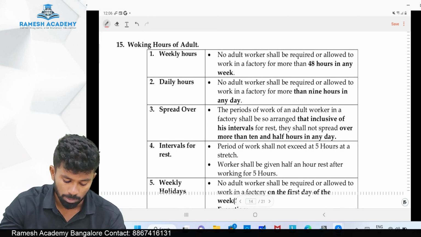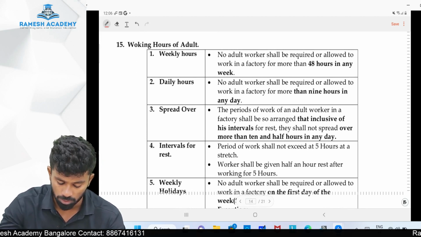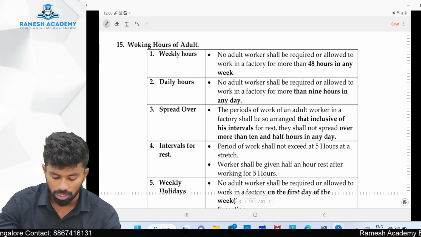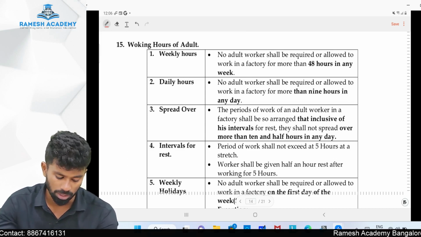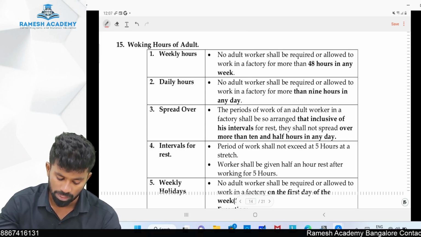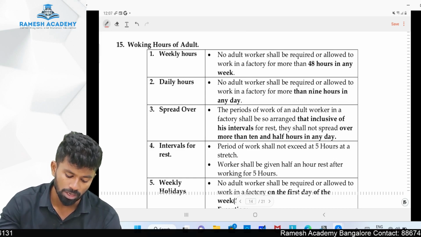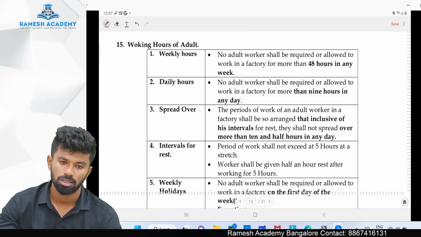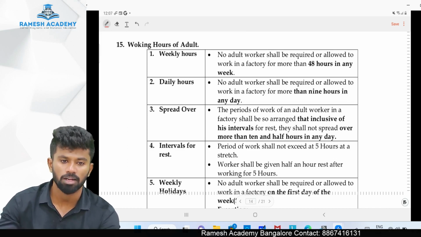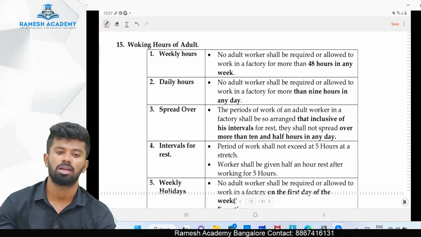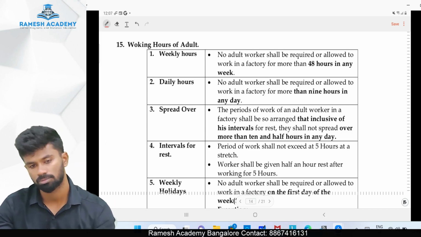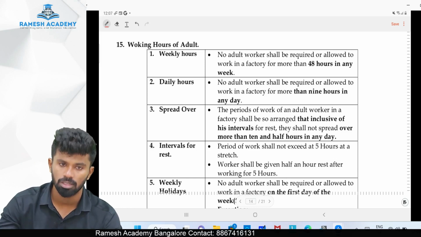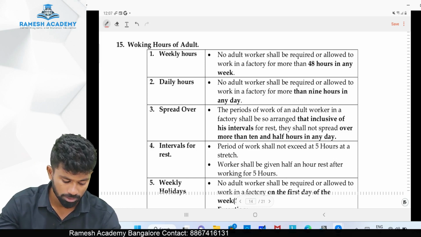Spread over: the periods of work of an adult worker in a factory shall be so arranged that, inclusive of his interval for rest, they shall not spread over more than 10.5 hours in any day. Means the time he spends in the factory shall not go beyond 10.5 hours including his break. So in a day 9 hours, in a week 48 hours.